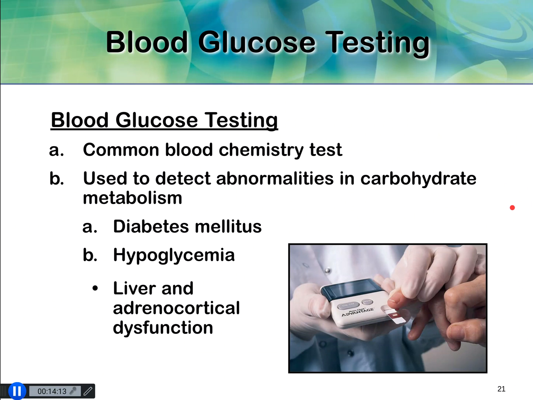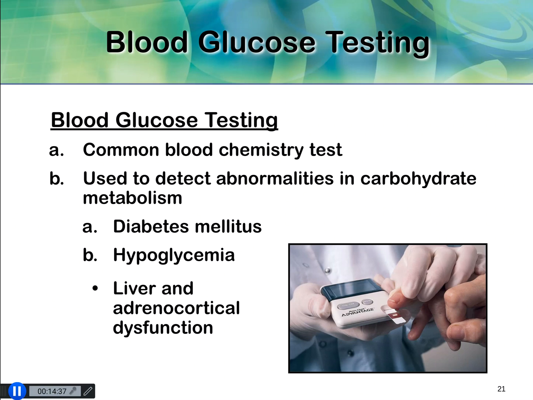So we do blood glucose testing to check the levels and see how our bodies are doing at utilizing the glucose, right? So this is a really common test, usually we're checking for diabetes, right? And so it's used to detect abnormalities in that carbohydrate metabolism.